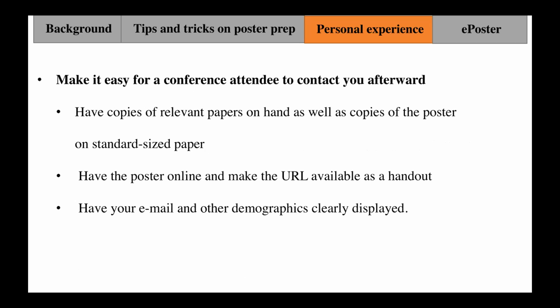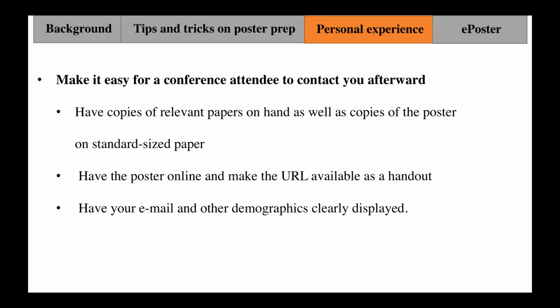Another important thing is to make it easy for a conference attendee to contact you afterwards. Some of the tips that you can use, for example, you can have a copy of the relevant paper on hand, as well as a copy of the poster on standard size paper that you can give to people who come to your poster so that they can see it later.